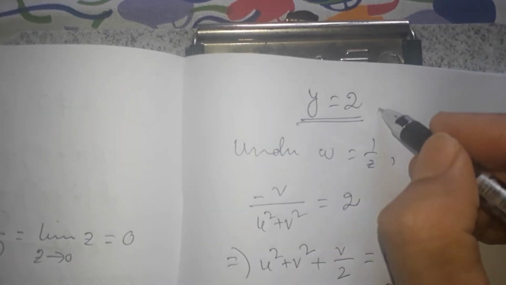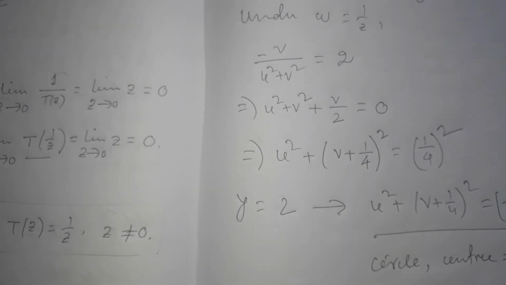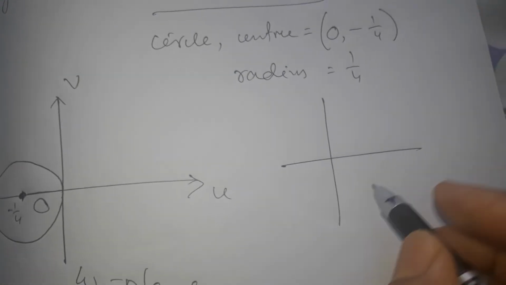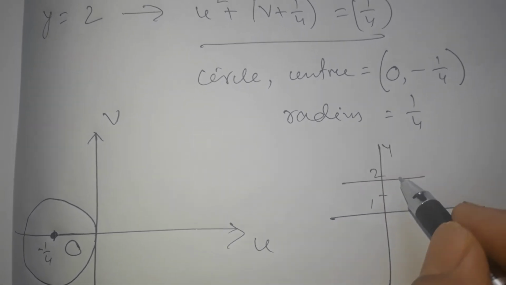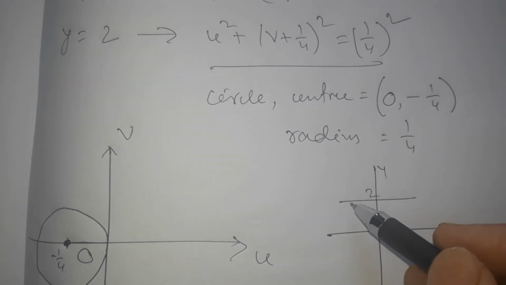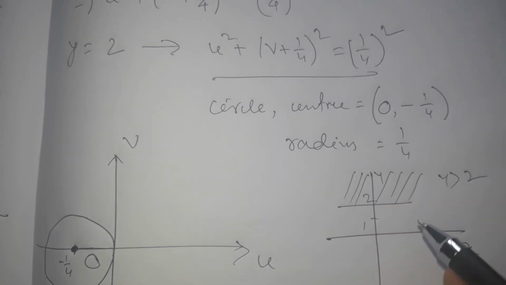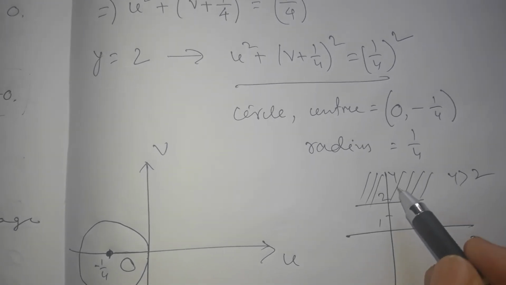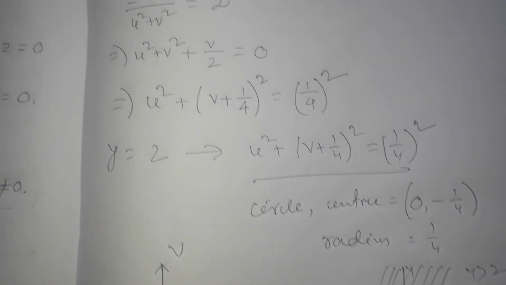On the other hand, consider the half plane y greater than 2. Under w equal to 1 upon z, to which region is this transformed?